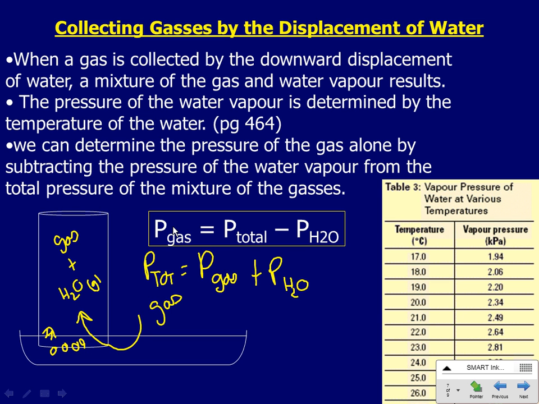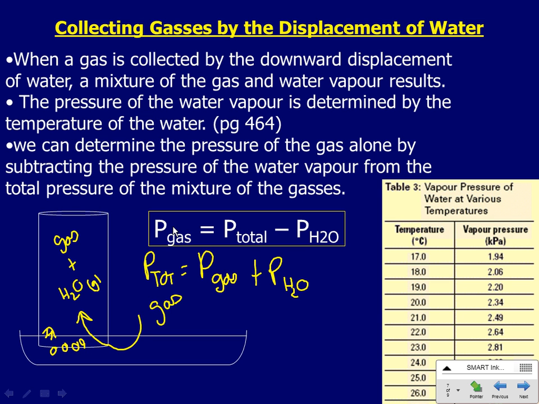Now the trick is, you want the level inside to be exactly the same as the level outside. So I move this up and down until the levels are exactly the same. Because if it's too high, just like the barometer, it means the gas in here isn't at the same pressure as the gas outside, because the gas is able to push it up.